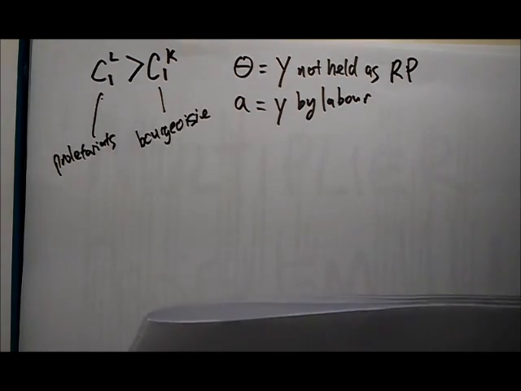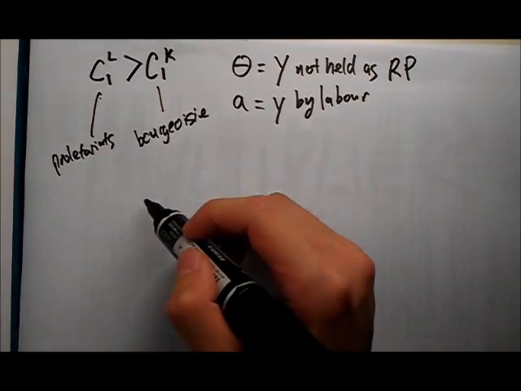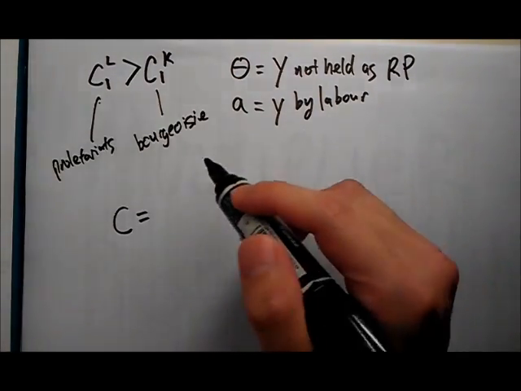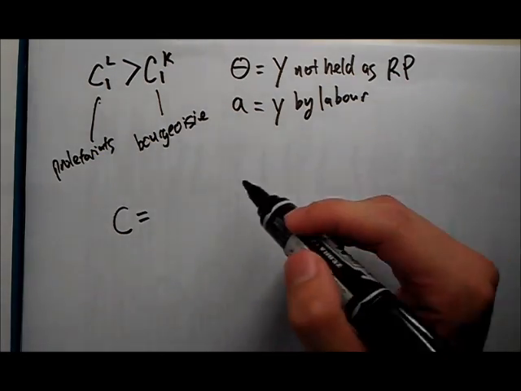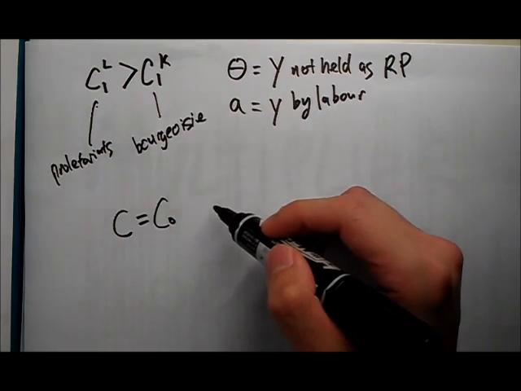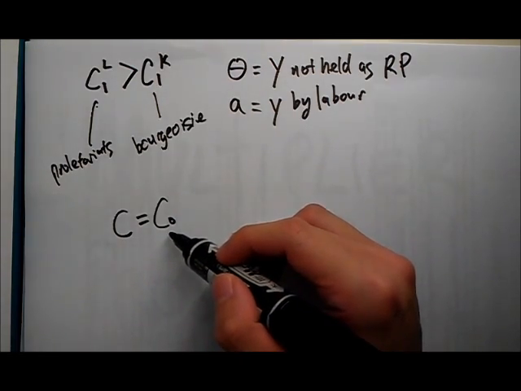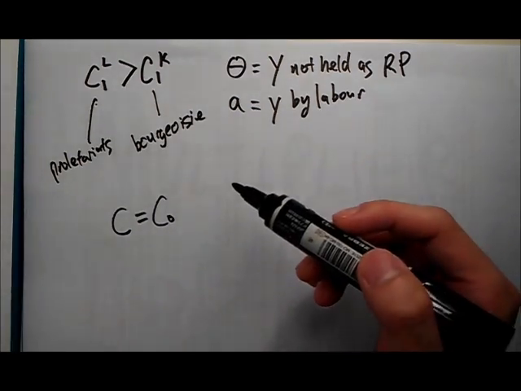Let's start by constructing the consumption equation, with the laborers first. We've got autonomous consumption, which is the same for both classes, so let's put it as C naught.